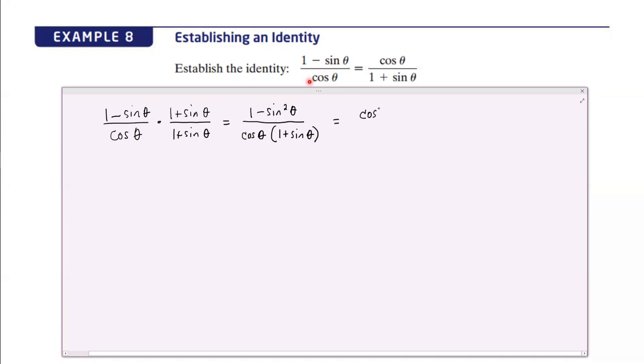I'll just substitute that. All right, and then one of these on top is going to cancel or divide into one of these two factors. So this will just become cosine theta. So we end up with what they asked for here, cosine theta over 1 plus sine theta.